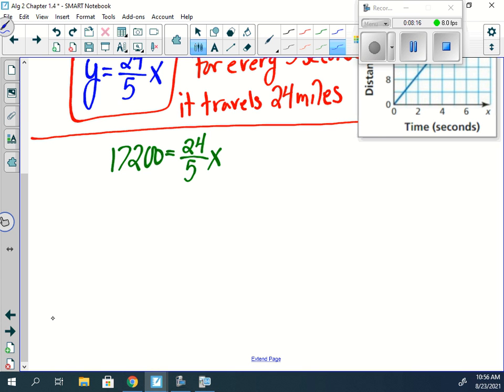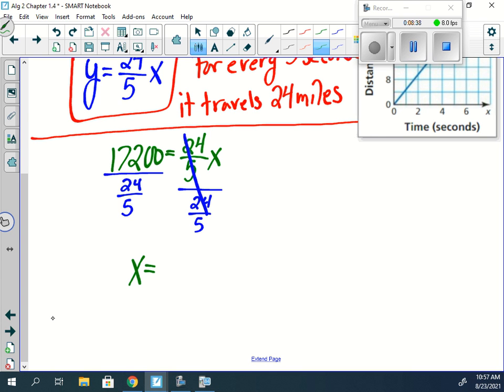So what can we do now to get x by itself? Because these will cancel, leaving x by itself.